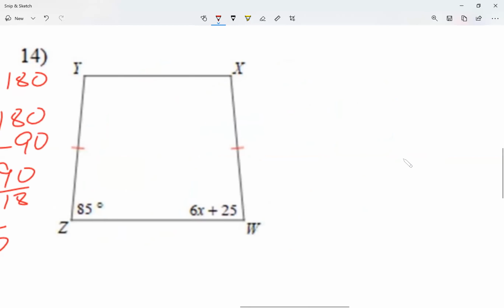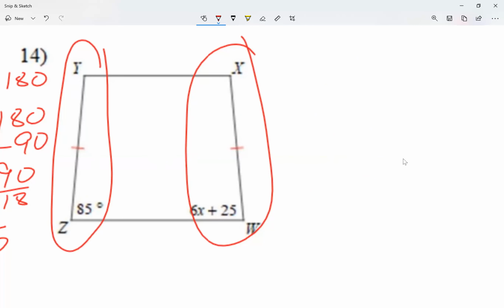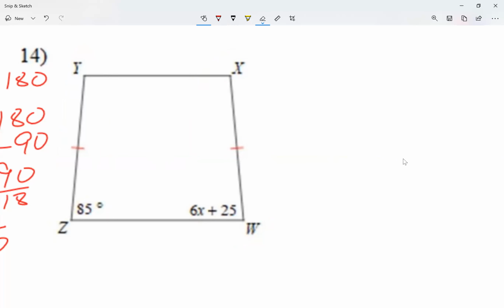Now, number 14. I know that these two angles add up to 180, but I only know one of them. On the left side of my trapezoid, I know these two angles add up to 180, but I only know one of them. The interesting part, though, is that the angles on the left are equal to the angles on the right.